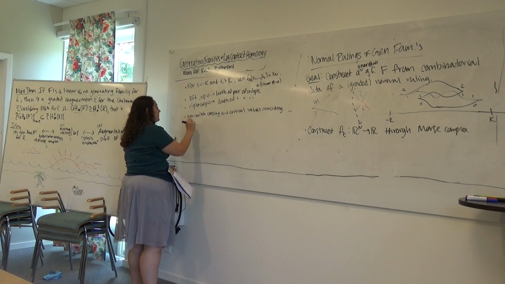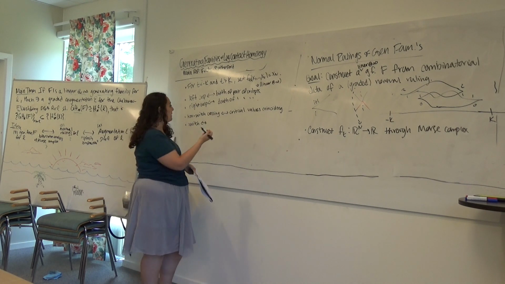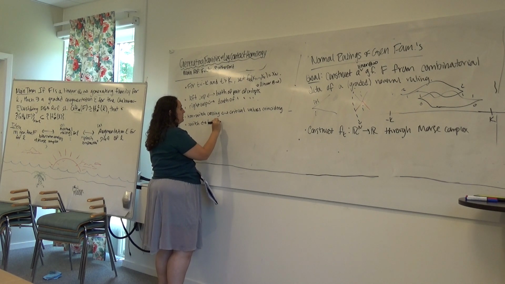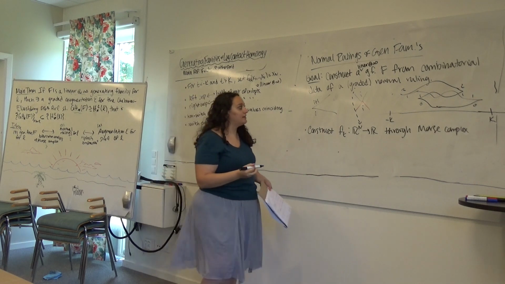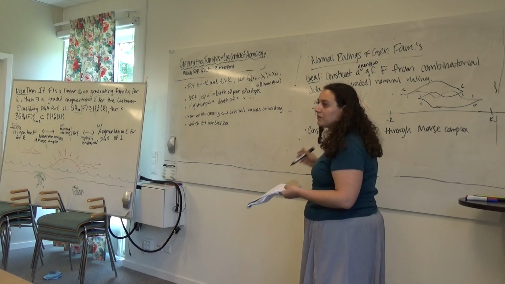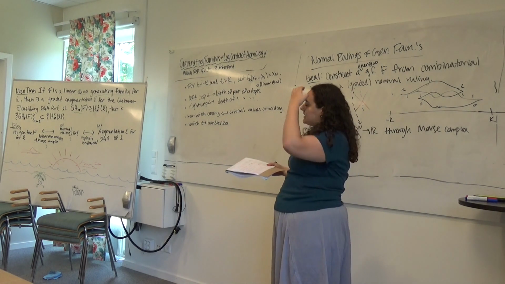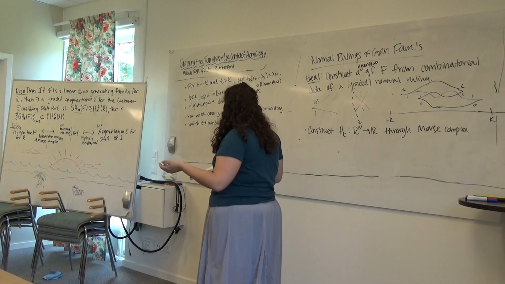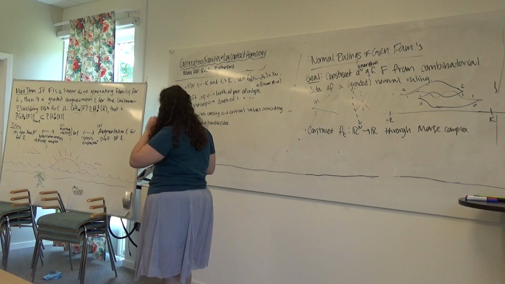And then the switches correspond to handle slides, which is why we need switches to have the same grading. There's more details in the paper about exactly what sort of handle slides.